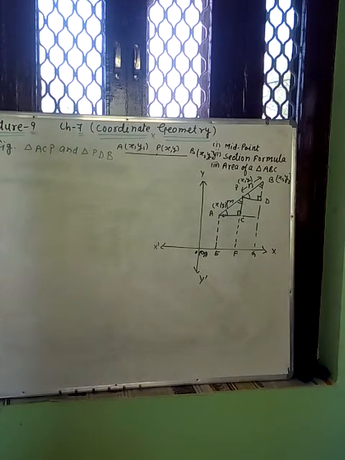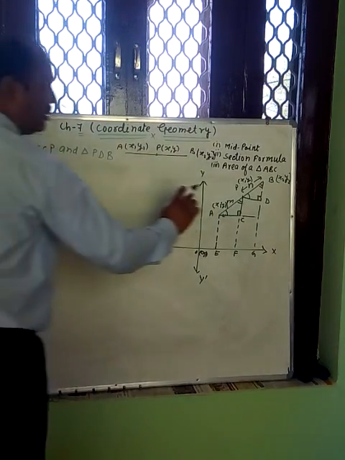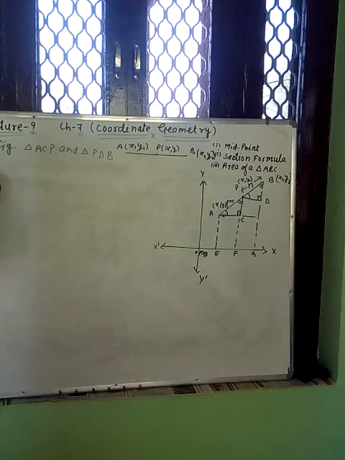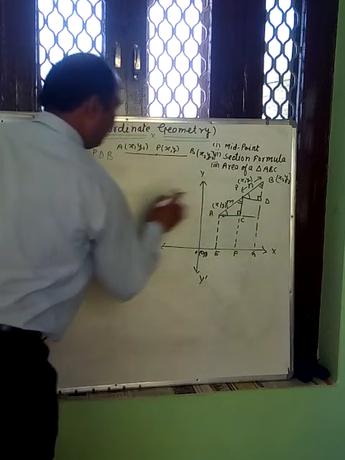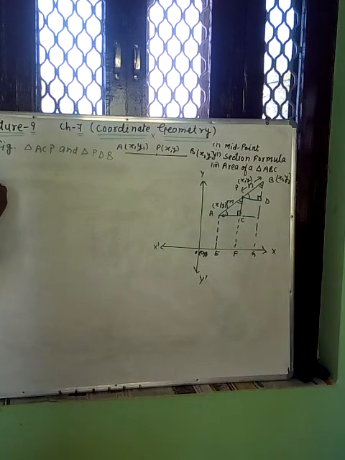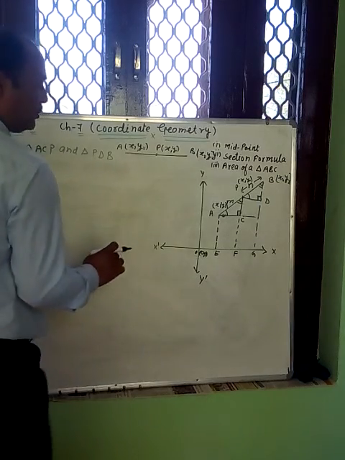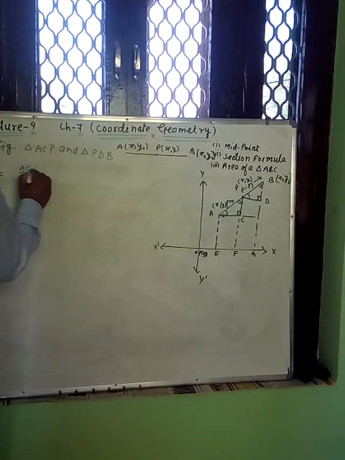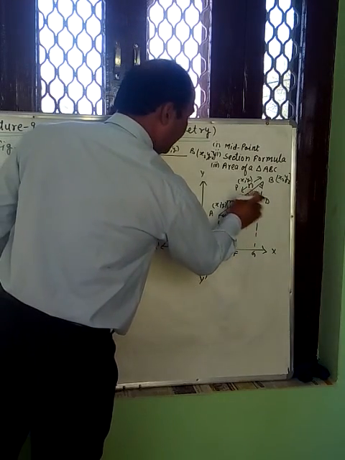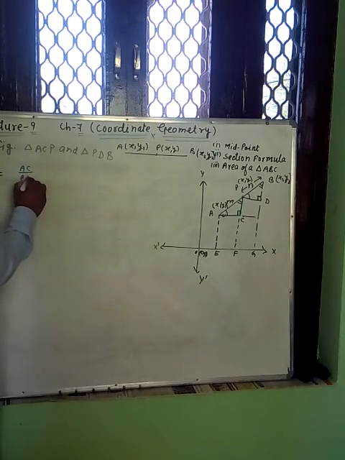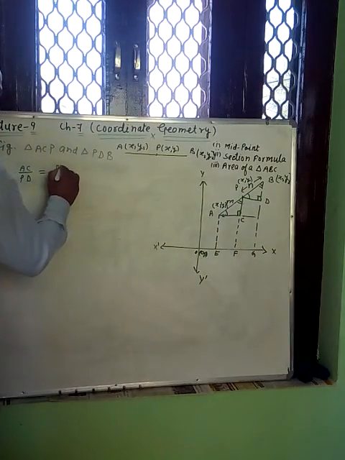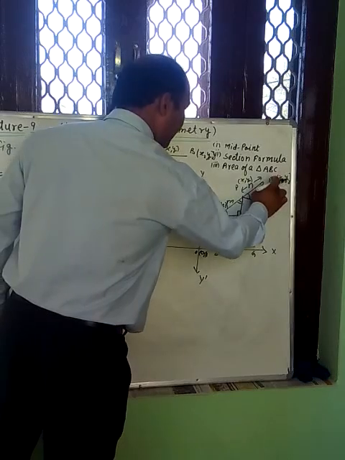Now in the triangle, AP upon PB, that is m upon n, is equal to AC upon PD, and PD is equal to PC upon DD.